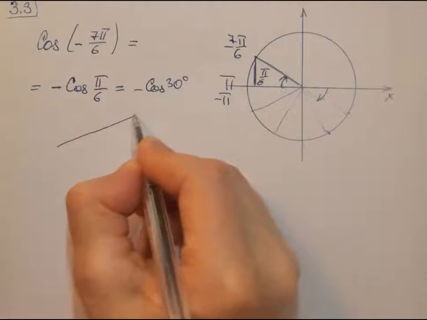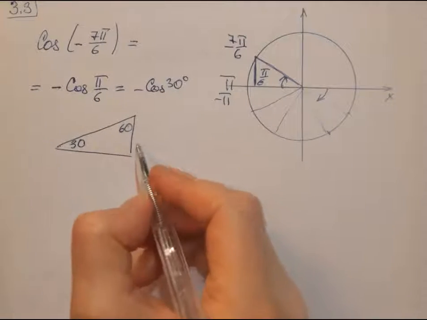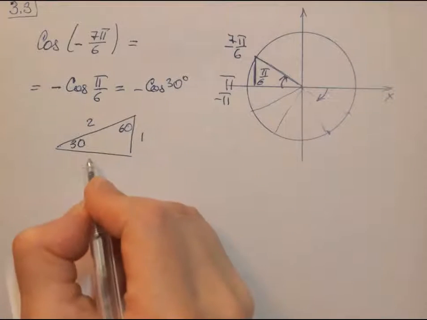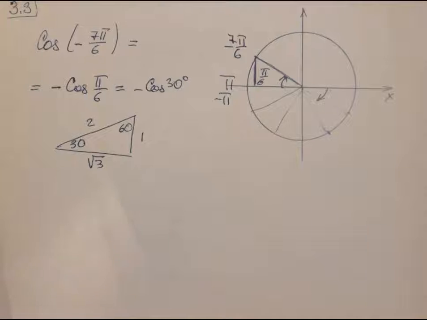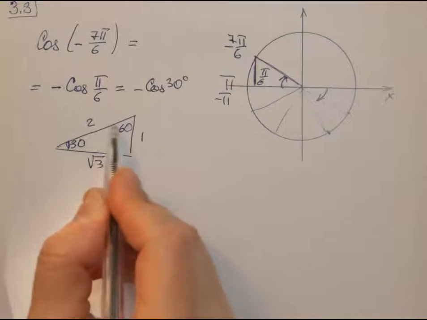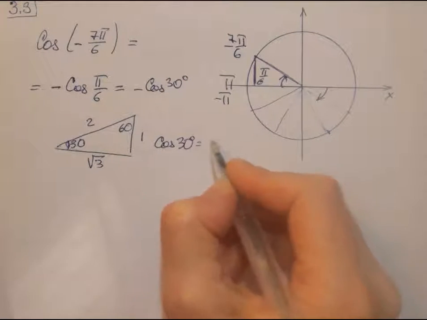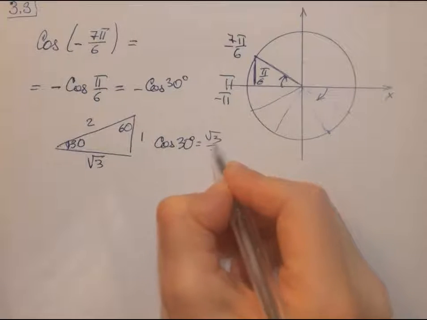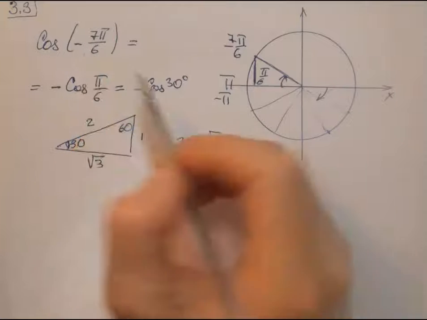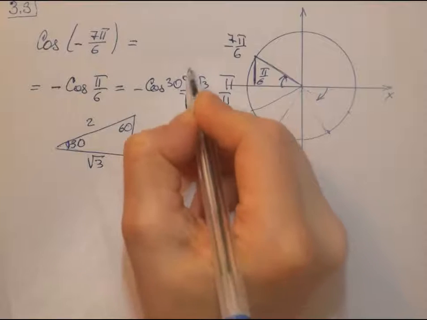Recall our reference 30-60 triangle. The hypotenuse is 2, the shorter leg is 1, the longer leg is square root of 3. Cosine is adjacent over hypotenuse, so cosine of 30 degrees is square root of 3 over 2, and the cosine of negative 7 pi over 6 will be equal to negative square root of 3 over 2.